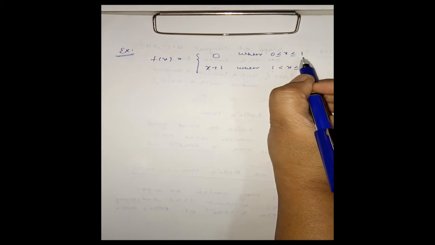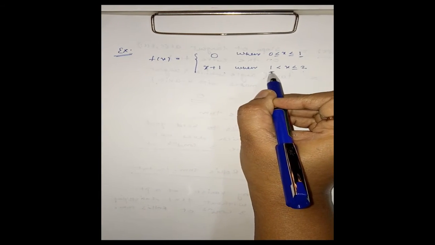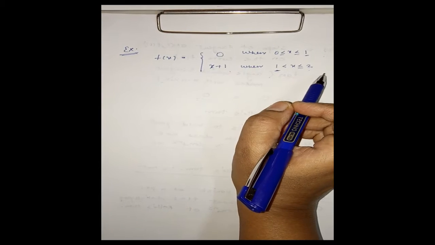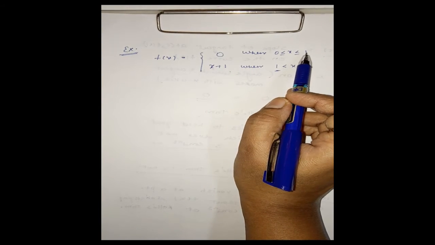This is the function. Now the breaking point is 1, and the interval is 0, 2. The breaking point in the interval is 1.